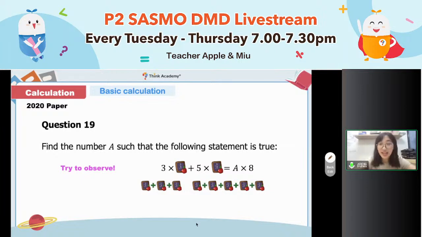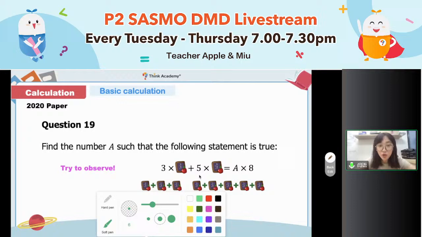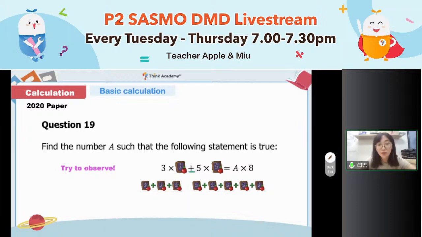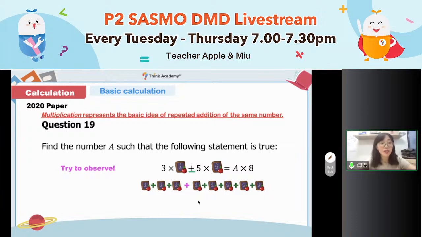Okay, so after that, everyone, please pay attention to the sign in the middle. Look, plus. Now you need to add these 2 parts together. So in this way, look, how many Teacher Apples are there? Actually, we have 8, right? So we already know that what is the meaning of multiplication? It represents the basic idea of repeated addition of the same number.